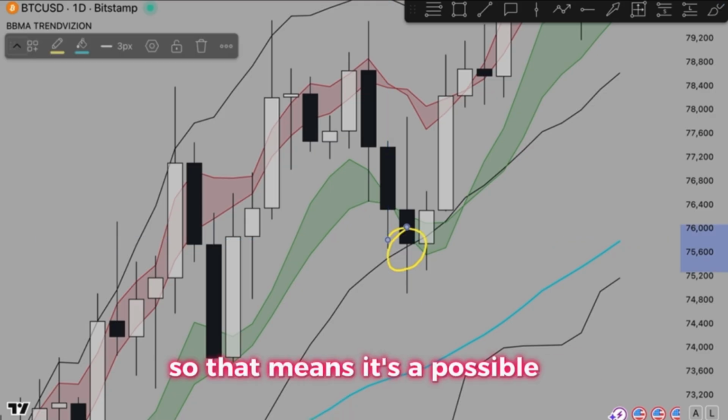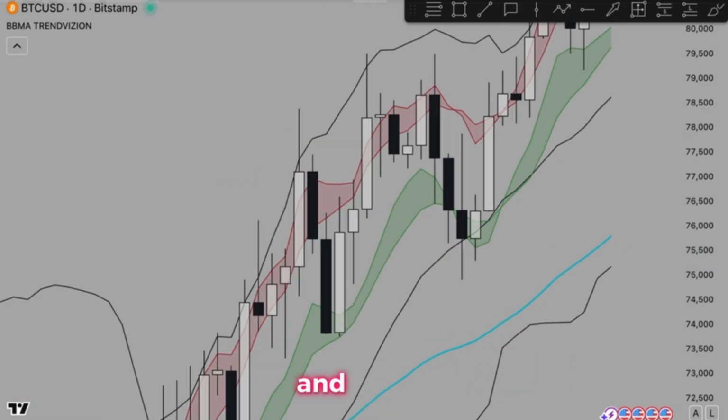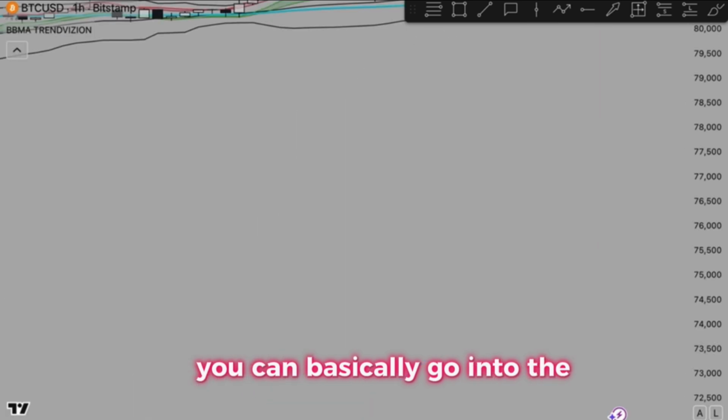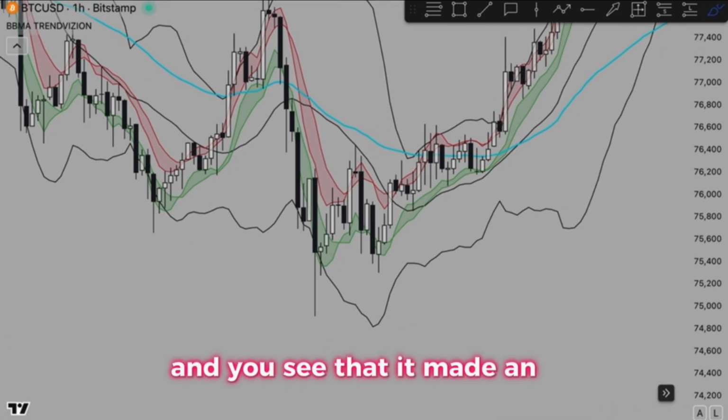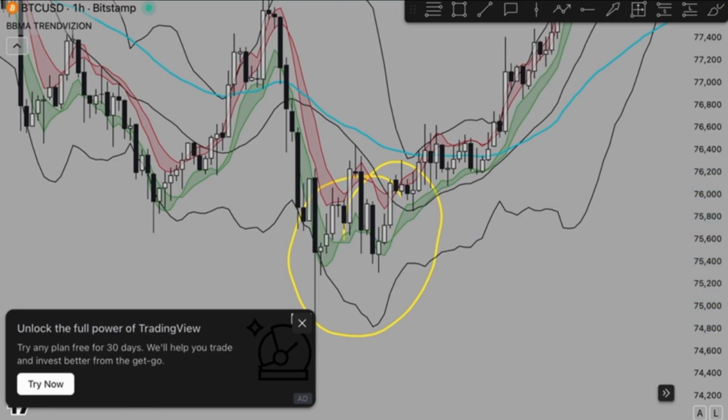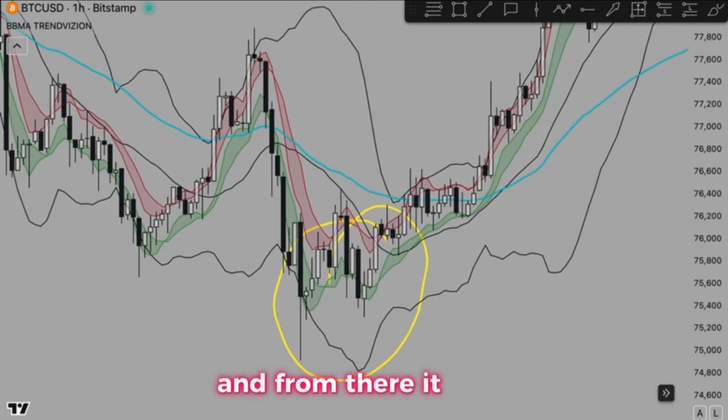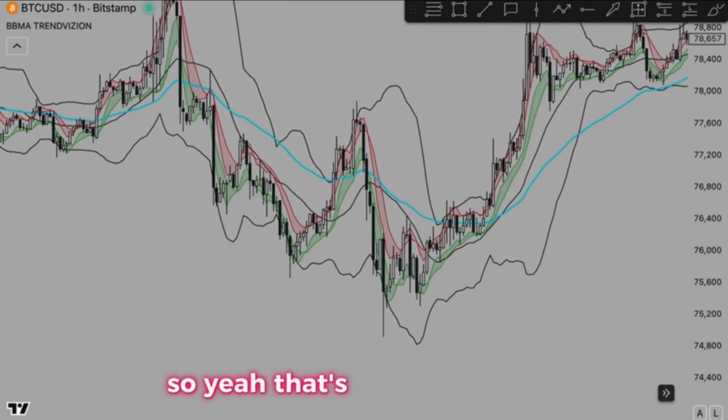So that means it's a possible mid BB re-entry. And after that you can basically go into the lower time frames, right? And you see that it made an MHV here. And from there it went up.